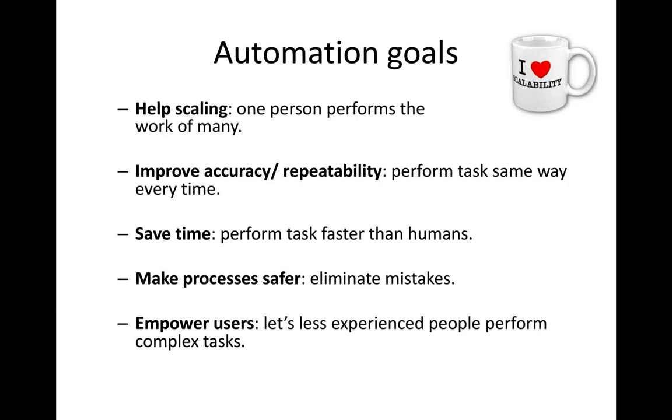That improves the repeatability of the process. It improves the accuracy of the process. If I gave 10 people a written process to perform and asked all 10 people to follow this detailed process, I guarantee that not all 10 people would return with the same exact result. One or two people would make a mistake, they would type some information in incorrectly, or they would misunderstand the instructions.